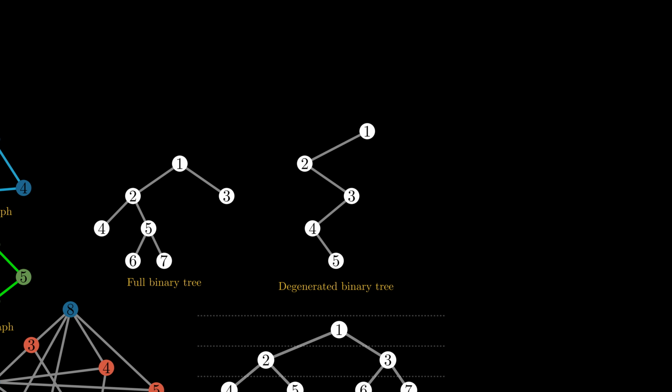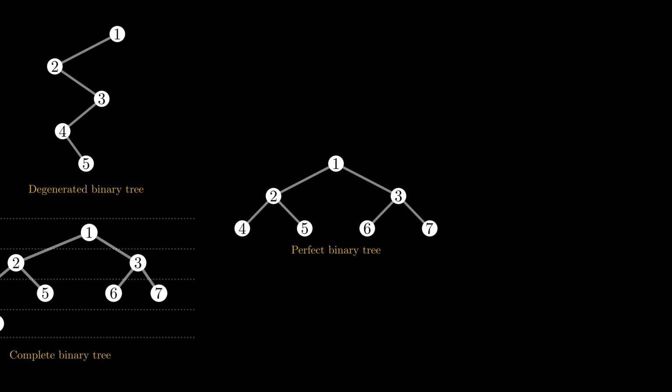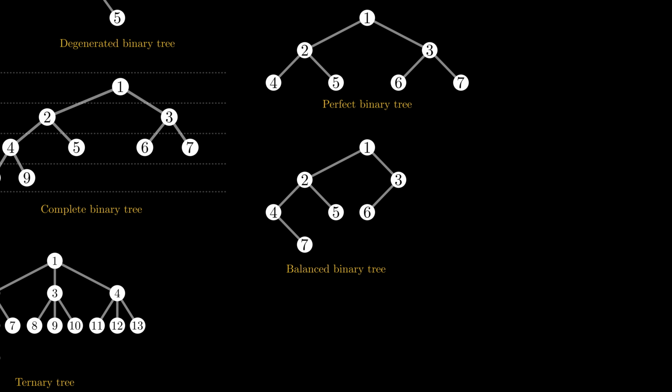Another important type is the so-called perfect binary tree, characterized by the property that every layer is completely filled with all leaf nodes on the same layer. A general goal is to ensure that binary trees are balanced, meaning that each node's 2 subtrees have heights that differ by at most 1. But more about this later.